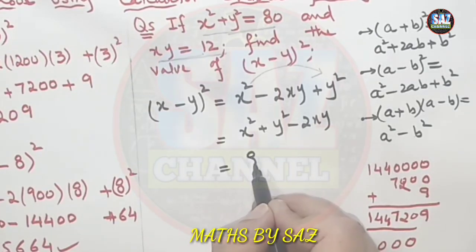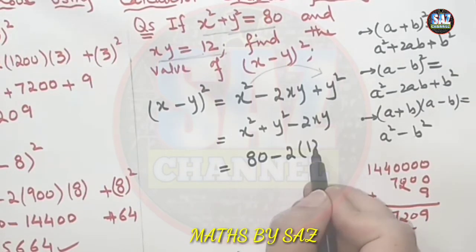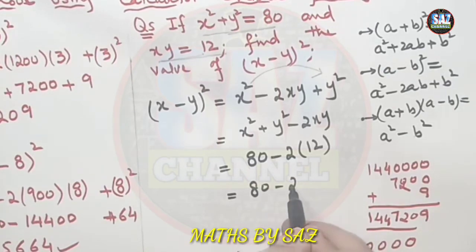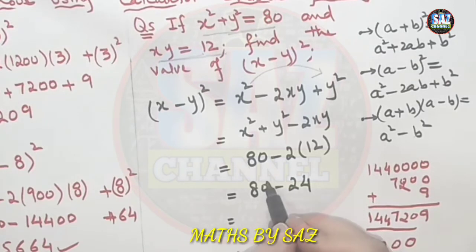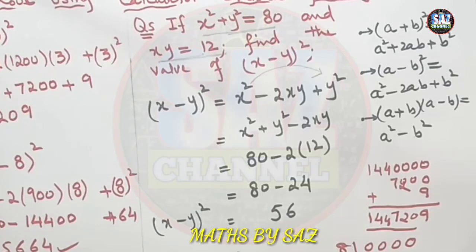Value of x square plus y square is 80 and value of xy is 12. Multiply them together, 80 minus 24, and take away 24 from 80. 10 minus 4 is 6, and I'm left with 7 minus 2 is 5, 56. So the answer of (x minus y) whole square is 56.